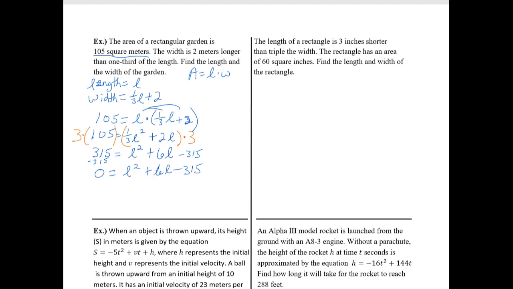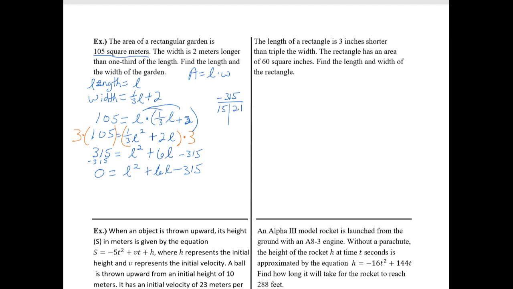And from there, now that I have it set equal to 0, I can use that zero product property, meaning I need to factor. So I want factors of negative 315 that are going to add up to positive 6. So notice this ends in a 5, so 5 definitely goes in. I'm going to go ahead and try something a little bit bigger. How about 15? 315 divided by 15 would be 21.